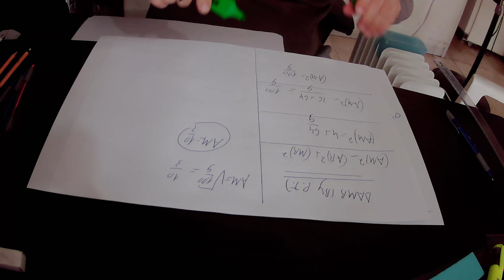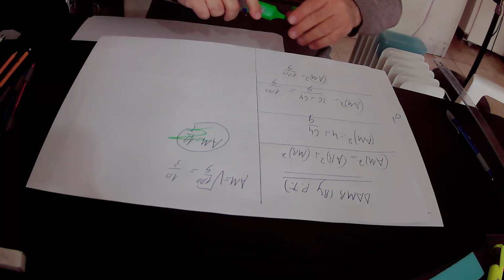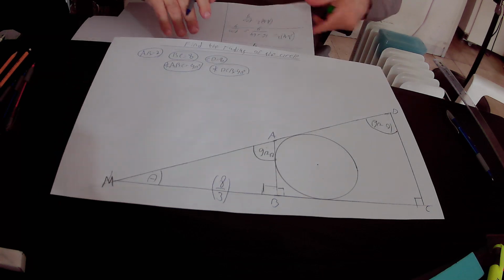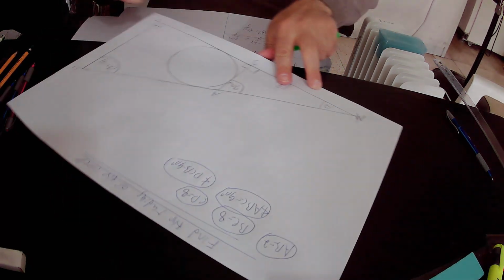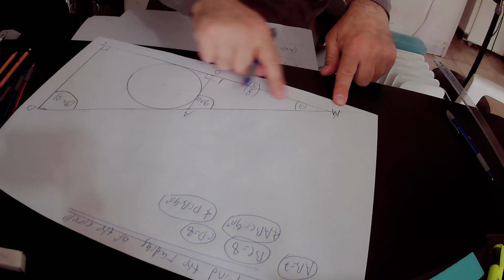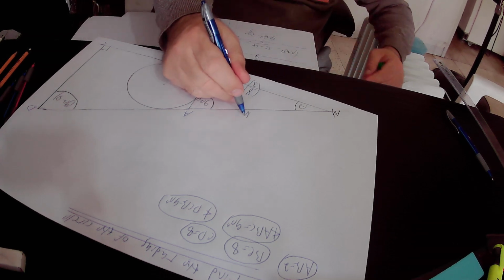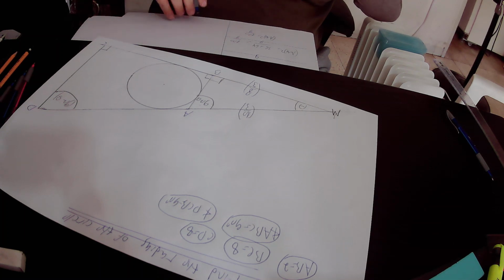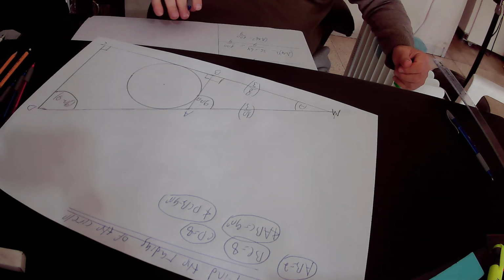The hypotenuse AM equals 10 over 3 units in its length, so I'll write it down. This is the hypotenuse AM, equal to 10 over 3 units in its length.